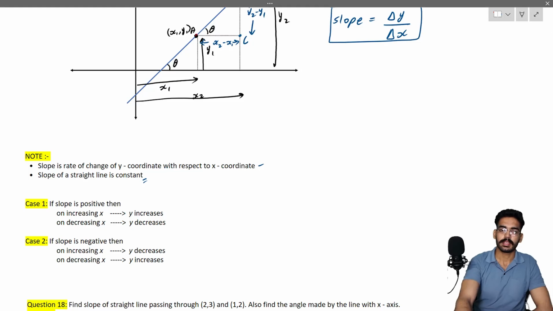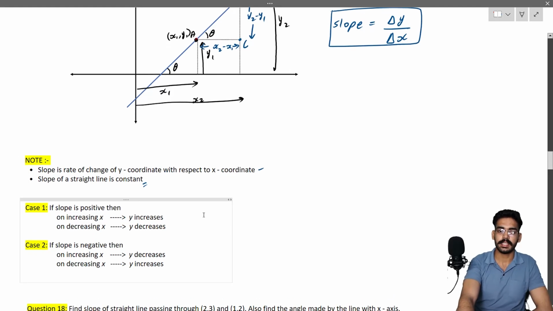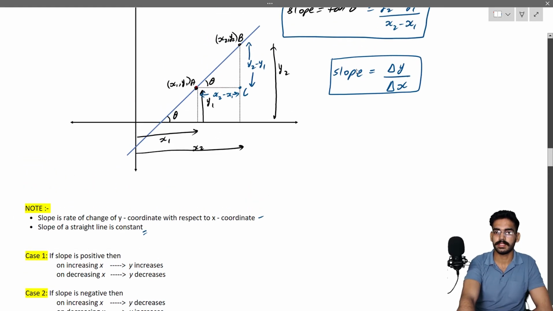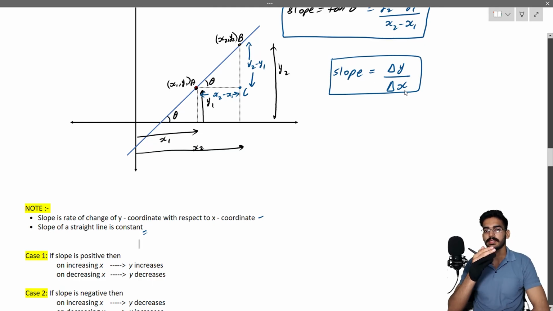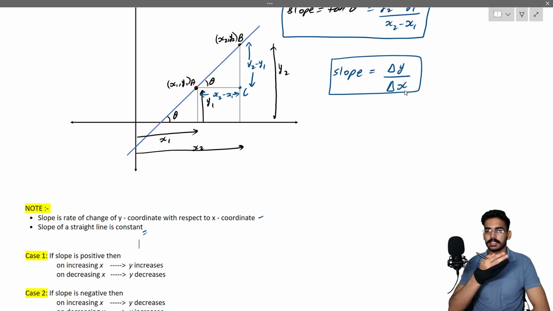Now we are saying that if slope is positive, then with an increment delta x that is positive, delta y will be positive only. So if the slope is positive, an increment in x means y will also increase, and a decrement in x means y will also decrease.